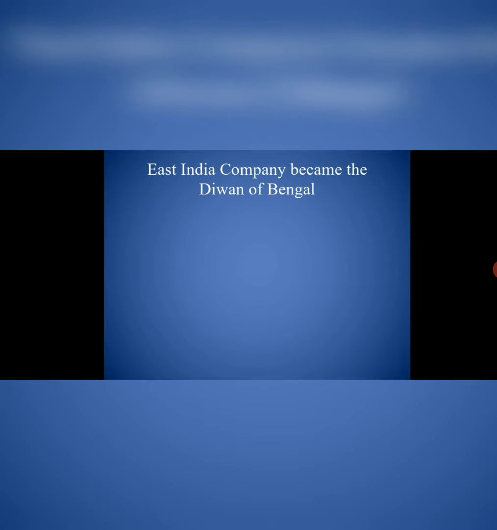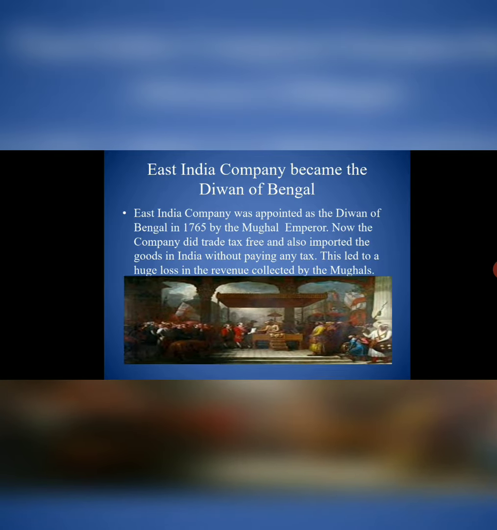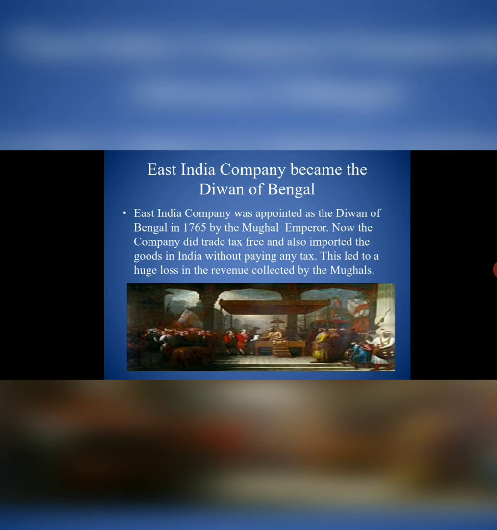East India Company became the Diwan of Bengal. The East India Company was appointed as the Diwan of Bengal in 1765 by the Mughal Emperor Shah Alam II. Now the company did trade tax free and also imported goods in India without paying any tax.